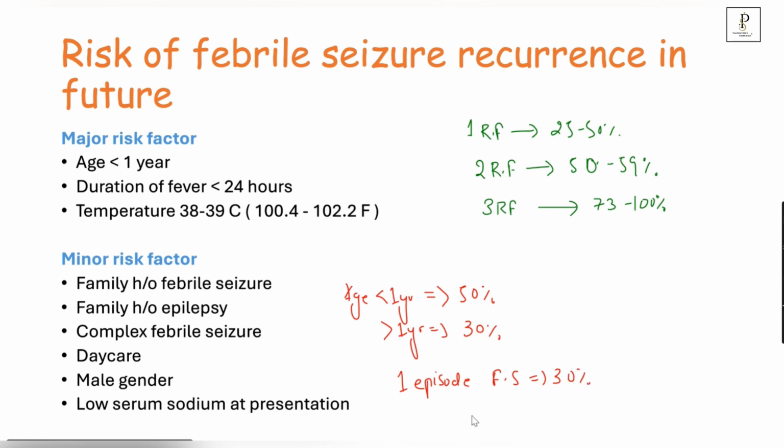If after a second episode of febrile seizure, the recurrence rate will be 50%. Important thing: age less than 1 year 50%, more than 1 year 30%, and one episode is 30% and 2 episodes is 50% risk of febrile seizure.